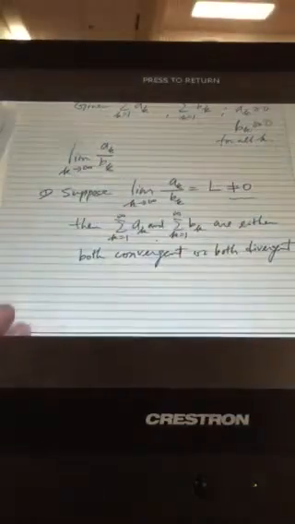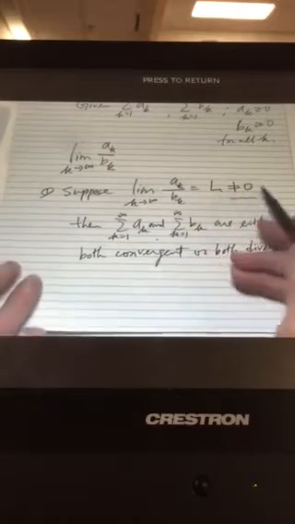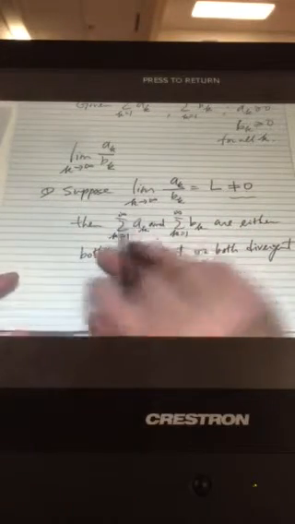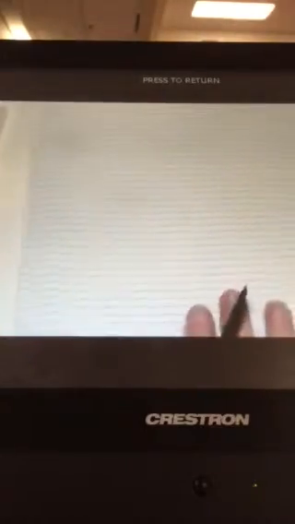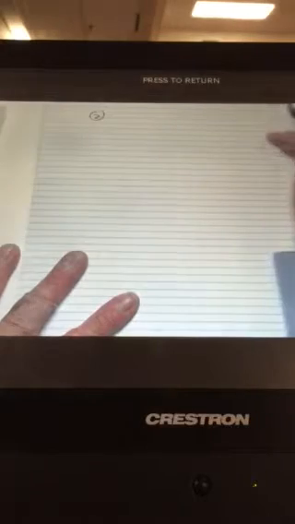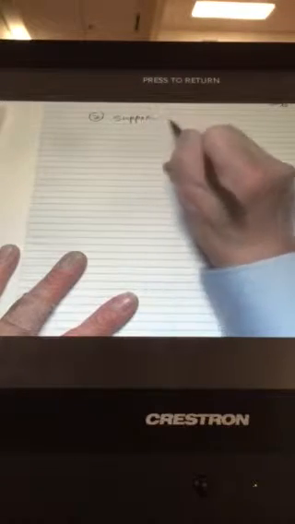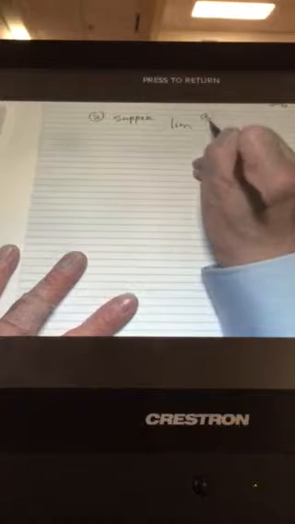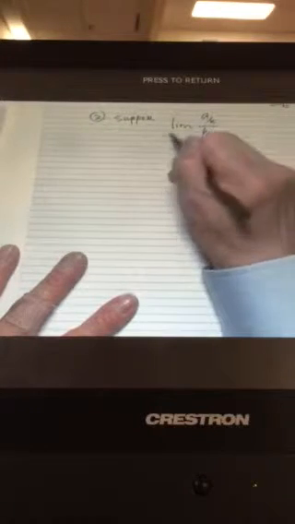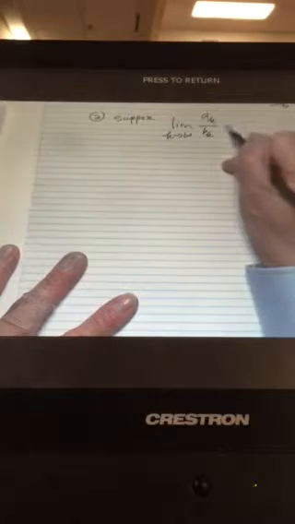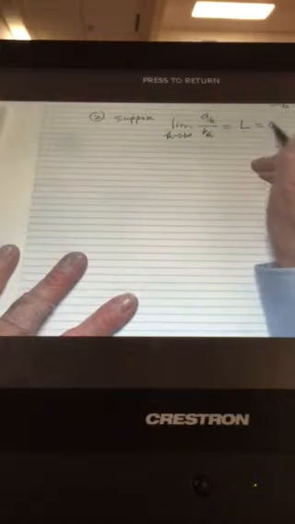Now, what if the limit is 0 or infinity? What happens? Okay, so I'm going to continue. So two is page 6. Suppose this limit a_k over b_k, k goes to infinity, is L, but L is 0.